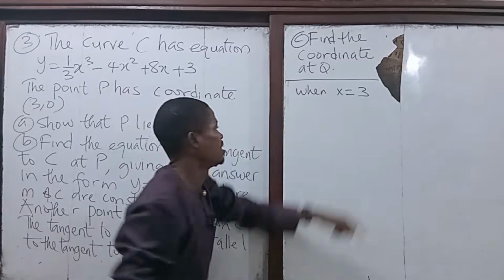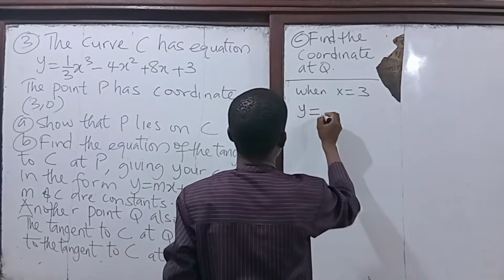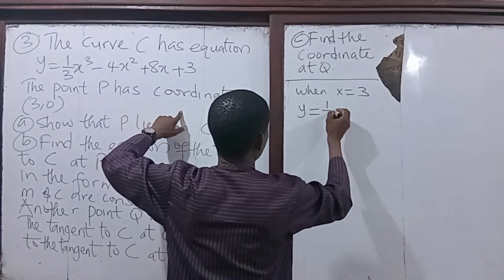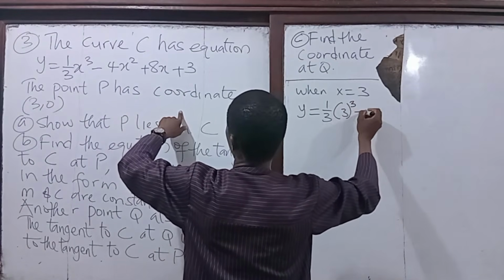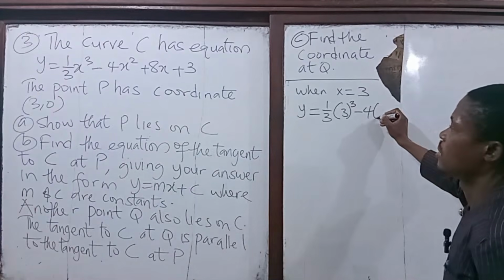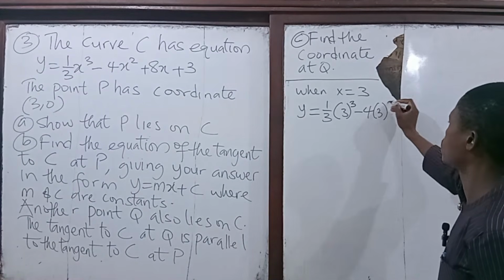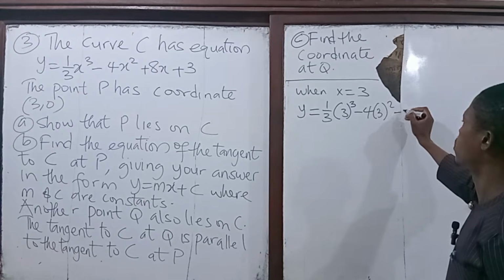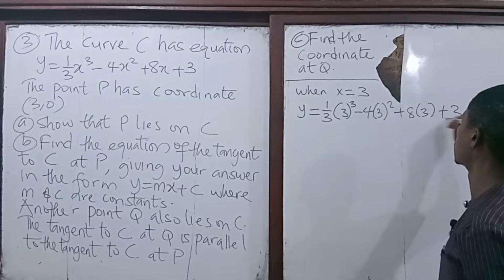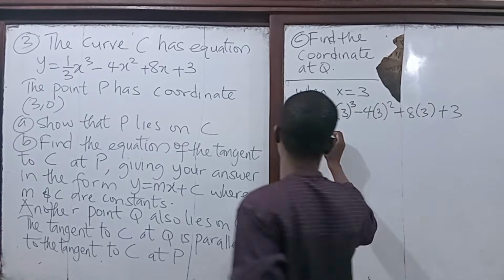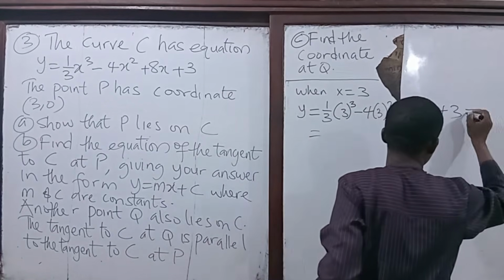When x is 3, go to your function y and make the substitution, and that'll be 1 over 3 times 3 cubed, minus 4 times 3 squared, plus 8 times 3, plus 3. So if you do this, it should be 0. Let's confirm that.